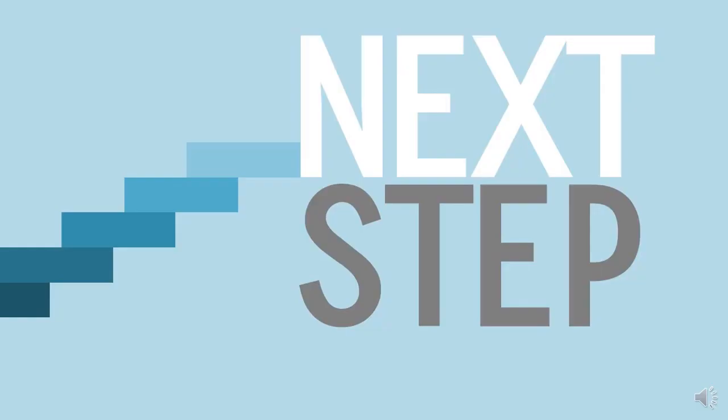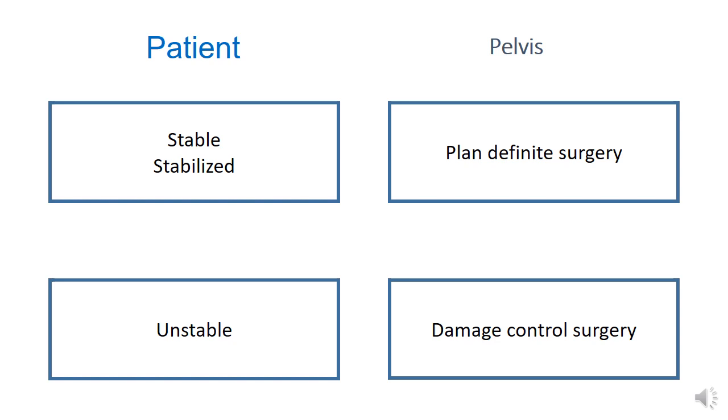What's next? The next step depends on the patient's condition. If the patient is stable, stabilized, and the pelvis is now in the binder, we will plan for definitive surgery. But if the patient is still unstable, we will go for damage control surgery to control bleeding from the pelvis surgically.